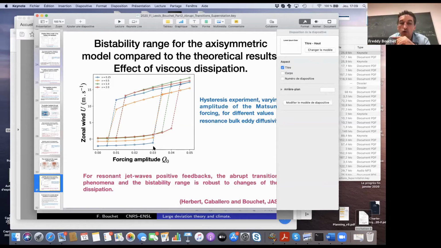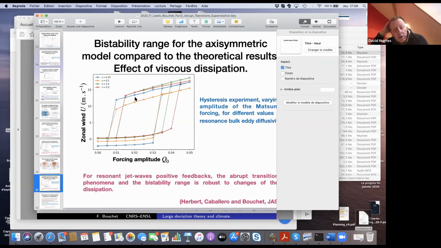Exactly, yes. I am not showing you a picture, but we can do that. In a sense, the second bit is less advanced. We were looking for the hysteresis and the bistability range. Now we found it, we know how to control it, and we will try to find the spontaneous transition from one state to the other. There's still work to do.